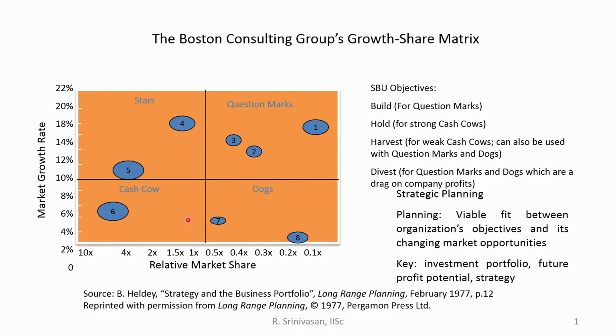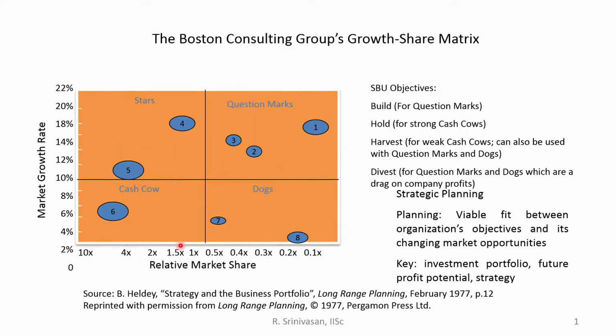Suppose you are not able to prevent it from going to dogs, which also happens with SBUs. Then what should you do? These SBUs which are in dogs are candidates for divesting, that is, try to get as much salvage value as possible, because they are a drag on the company's profits.